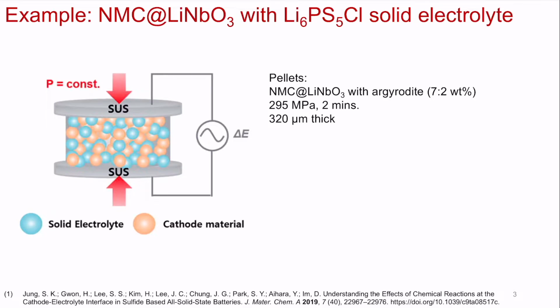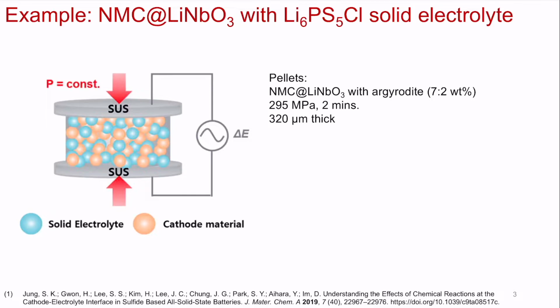So all you're trying to do is track the electronic and the ionic conductivity of this material, and understanding the resistance from ionic contributions as well as electronic contributions will allow you to understand what kind of chemistries are happening at their interface.